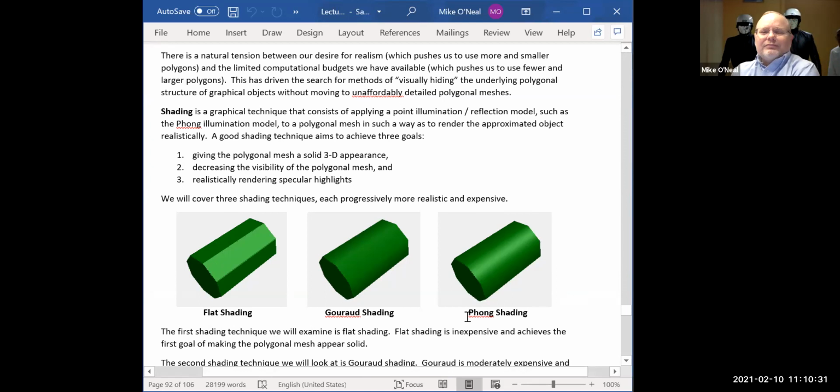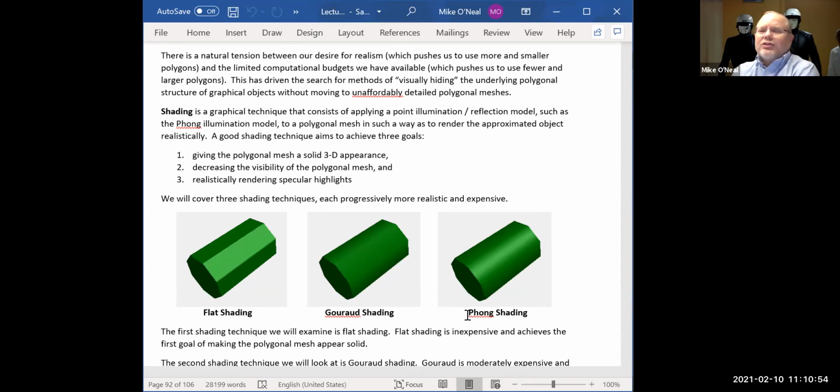Now, Bui Tuong Phong was the creator of the Phong illumination model that we talked about in the last chapter, but Dr. Phong also took that model and applied it to polygonal meshes to come up with the Phong shading model. So it's the same Phong, but it's not the same thing.